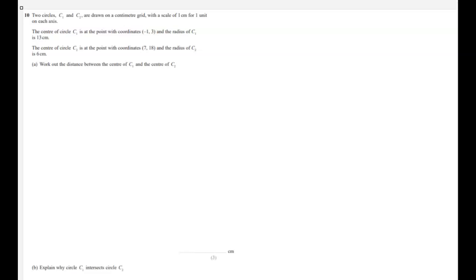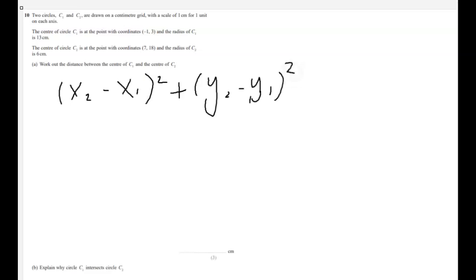So if we remember how we do it, we can use the formula: x2 minus x1 all squared, plus y2 minus y1 all squared, and then we square root the whole thing, and essentially that would just be the distance, right?